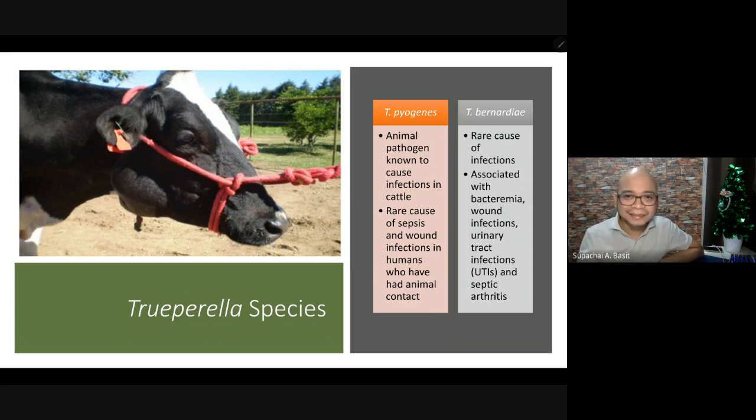On the other hand, Trueperella bernardiae is a rare cause of infection. But if someone is infected with it, we would expect bacteremia, wound infection, urinary tract infection, or even septic arthritis. So these are the possible infections that can be caused by Trueperella bernardiae.